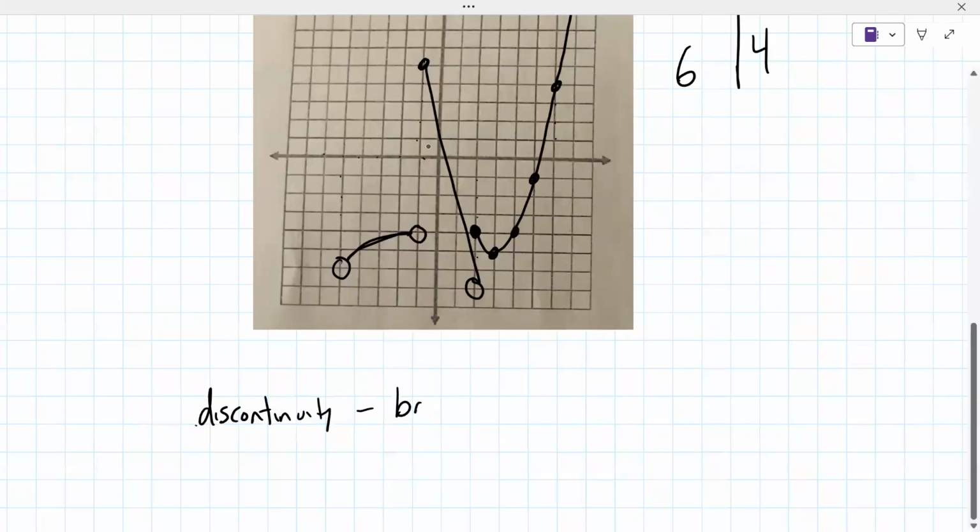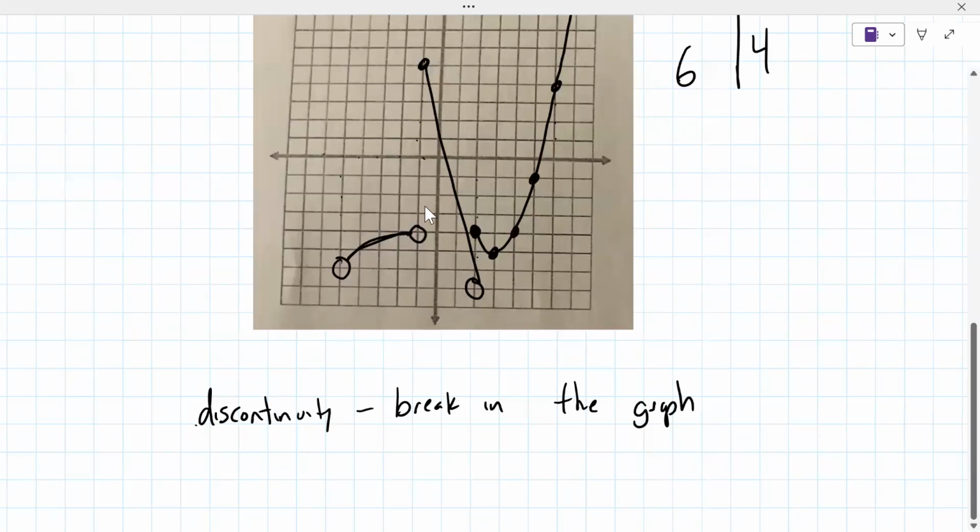So in words, it's a break in the graph. Imagine you're over here at this open circle, you're going to the right, you hit this other open circle. How do you get up to this line here? Well, there's a break. This is more specifically called a jump, but do you agree that there's a break in the graph here?